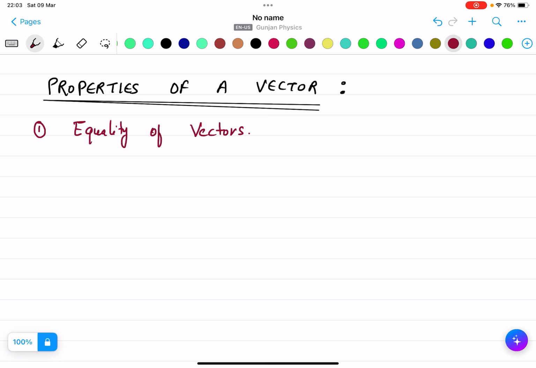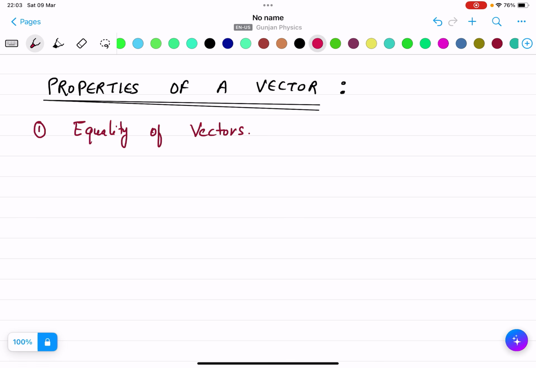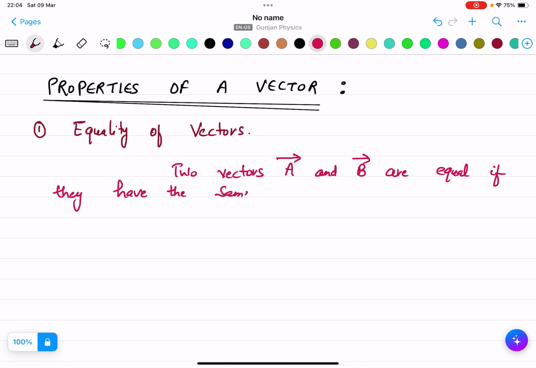For explaining this property: two vectors A and B are equal if they have the same magnitude and direction.